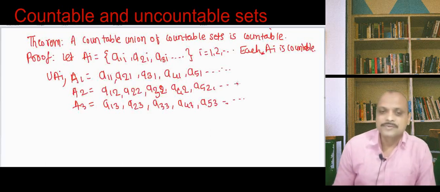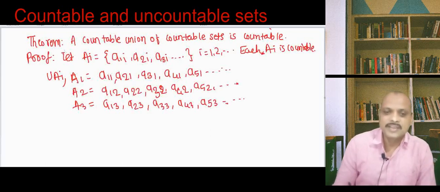Now the union of A_i is equal to all these sets, the union of all. So this is the union of all these sets.